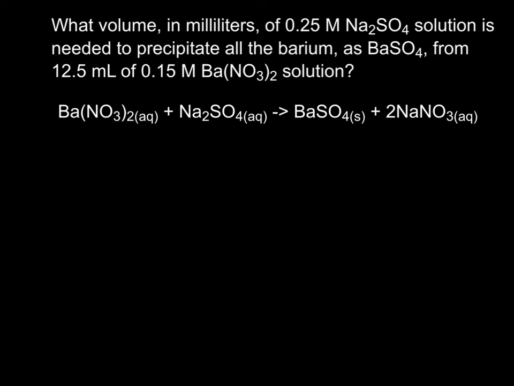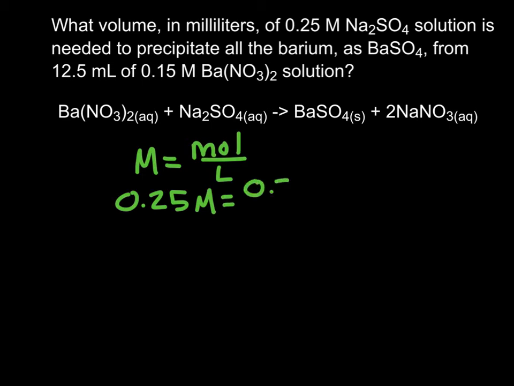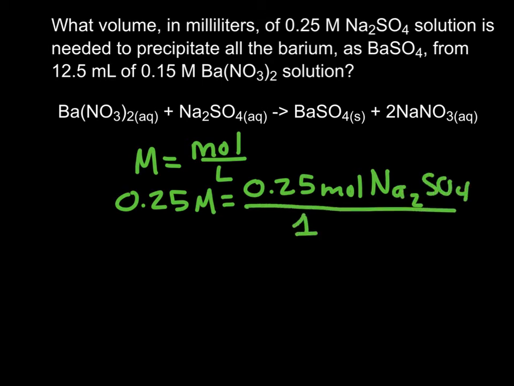So a couple of things to keep in mind here as we move through the problem. Remember, molarity is equal to moles over liters. So what that means for us is that if we have a 0.25 molar solution, we have 0.25 moles of sodium sulfate over 1 liter of sodium sulfate.